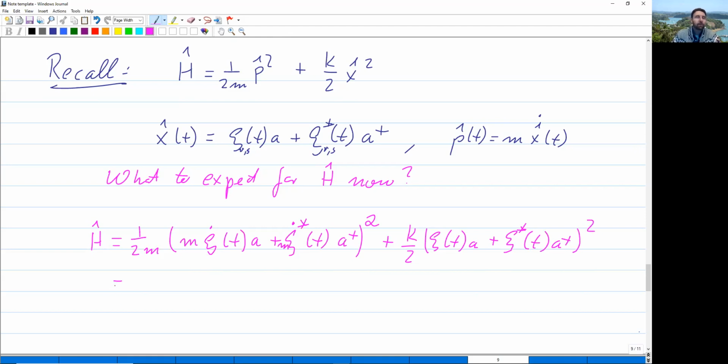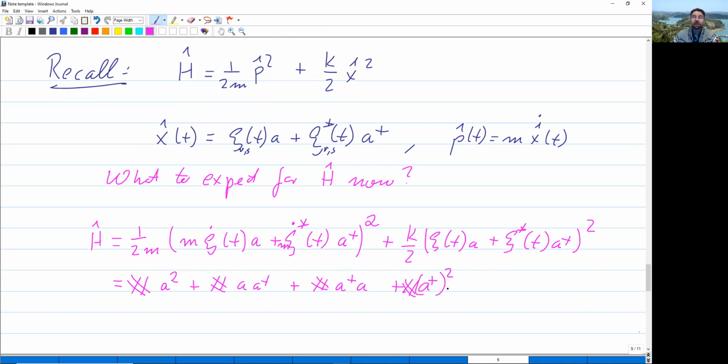Now, the details don't matter. This is of the form of something a squared, plus something a dagger a, plus something that we can work out easily, but no need to write this down explicitly, plus something a dagger squared.